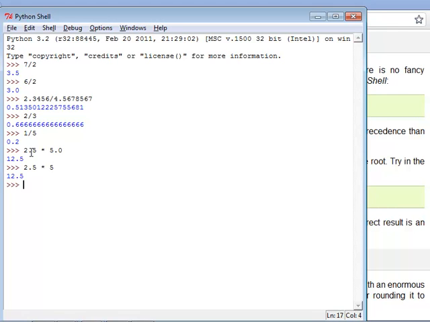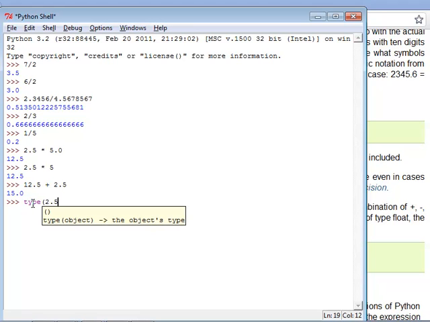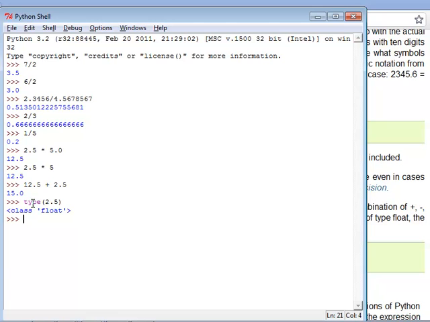That is the same for other operations. It doesn't have to be just multiplication. It could be addition or subtraction, for instance here. Even though the result is technically an integer value, it's still represented as a float. Again, the type of these decimals, like 2.5, is float, as we said before.